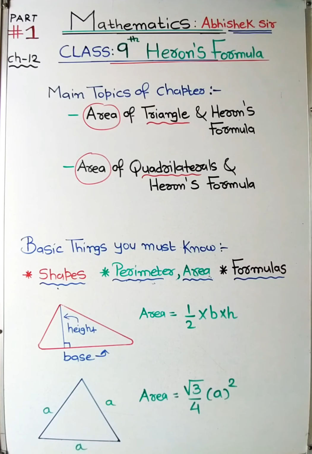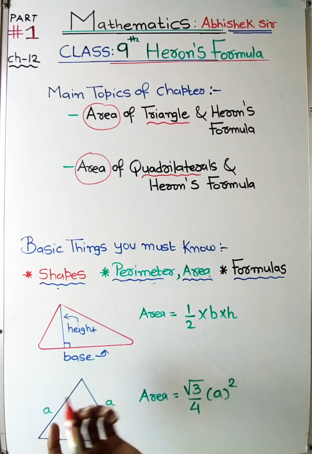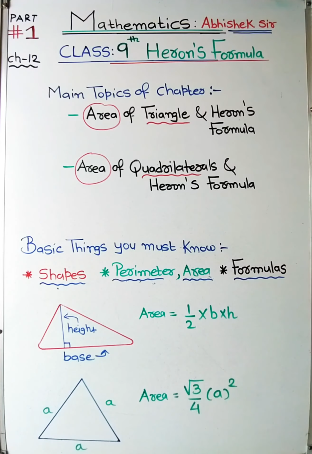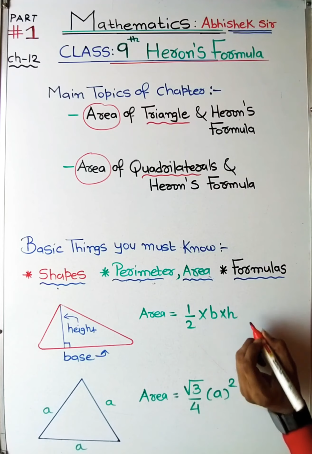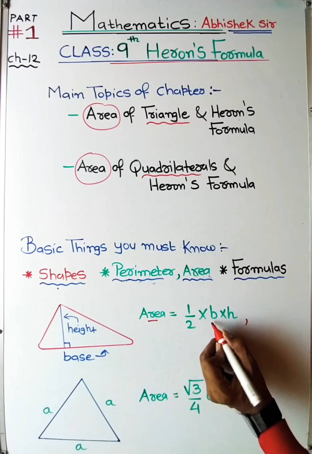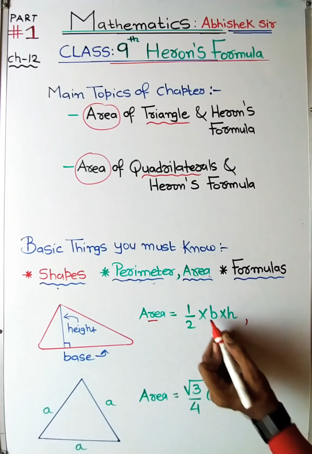Here we have two separate examples of triangle. One is a random triangle in which base and height are given. We have learned that area equals half base into height. Clear? Don't forget that when we are finding area, we are doing the product of two different dimensions.